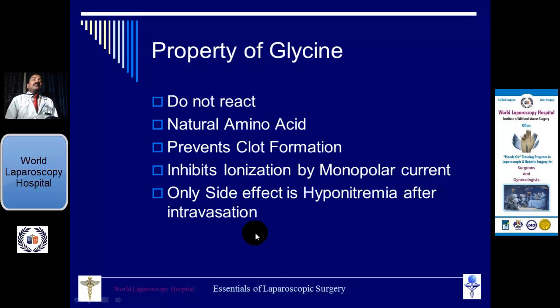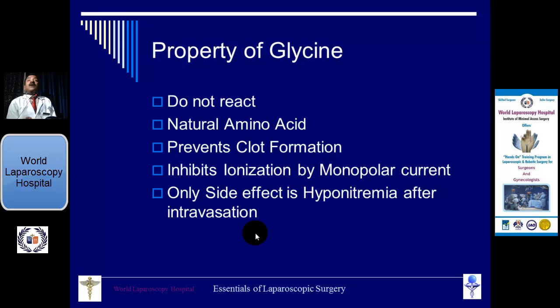Glycine was discovered as a fantastic media for operative hysteroscopy. Why? One of the biggest properties of glycine is it doesn't allow the blood to coagulate. It keeps the intrauterine bleeding in liquid form. So once the clot is not formed, if the blood is liquid, then immediately that blood can come out through the channel of your resectoscope.